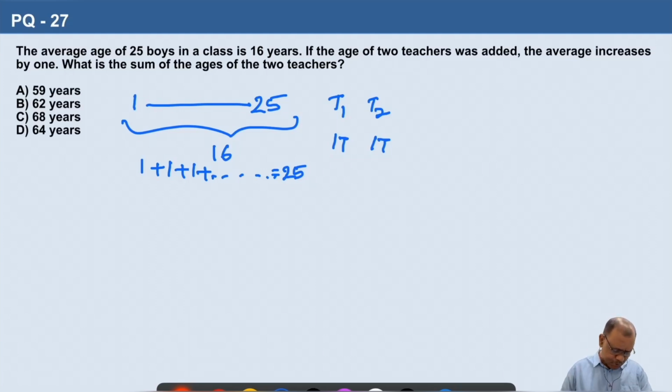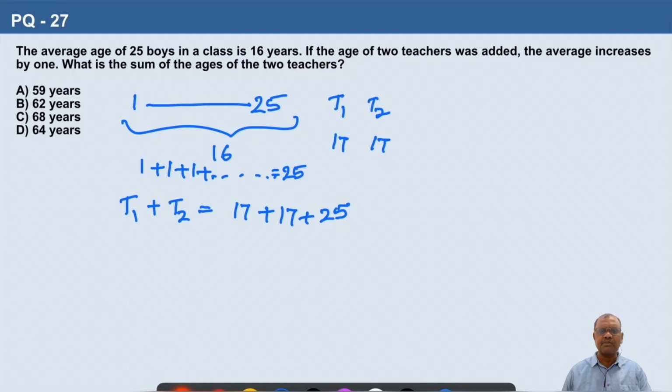T1 plus T2, the sum of the ages of the two teachers, will be equal to 17 plus 17, and the age of the remaining 25 students is increasing by 1, so that makes 25. If you add all these numbers, you will get the sum of the ages of the teachers.